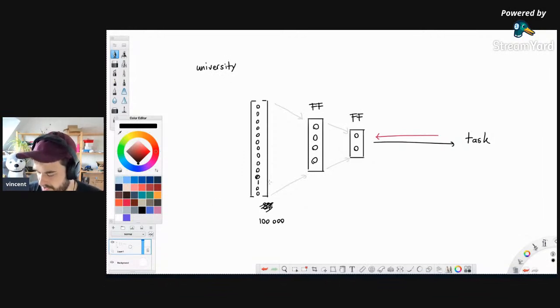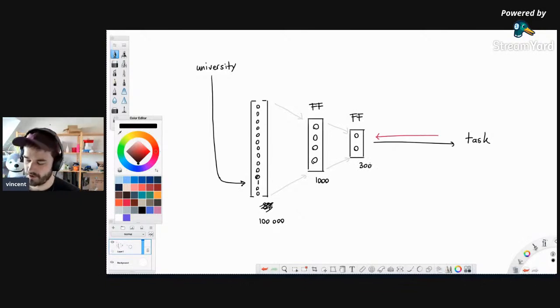We might still have the situation that university is pointing to an index over here. And we might have, oh, I don't know, like a feed forward layer that's 1,000 over here. Maybe we have a feed forward layer that's 300 over here, and then things will become bigger. But theoretically, at least, you could also train word embeddings this way.